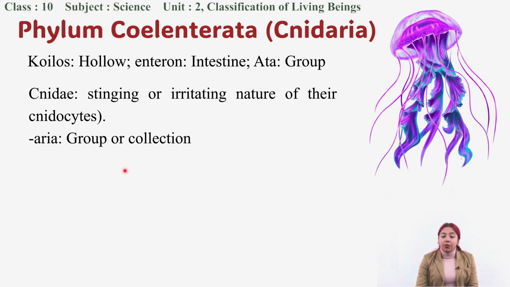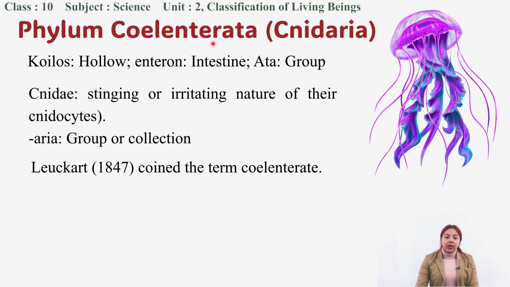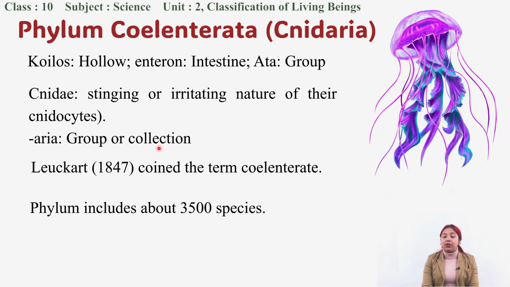So the group of organisms that has cnidae is also considered as Cnidaria. So this phylum has two names, Coelenterata due to its hollow intestine and Cnidaria due to the stinging cells present in their body. The word Coelenterata was coined by Leuckart in 1847, and this phylum includes about 3,500 species.